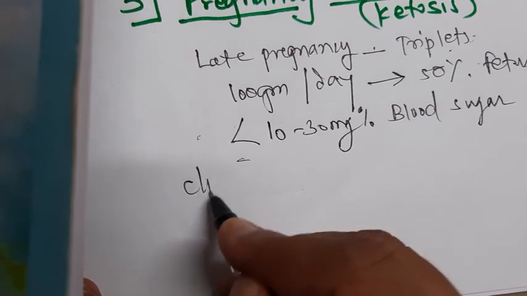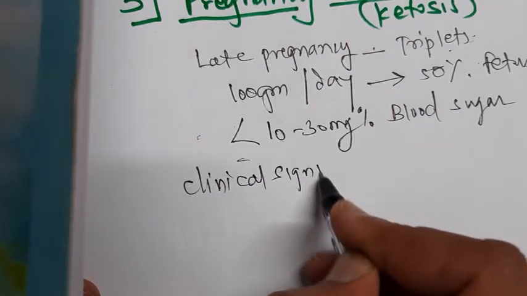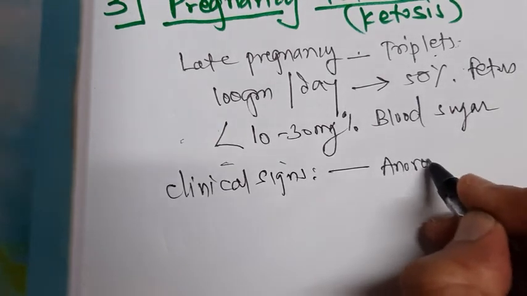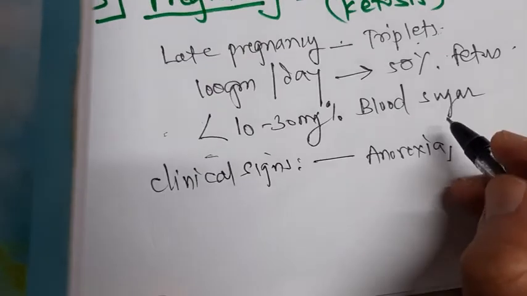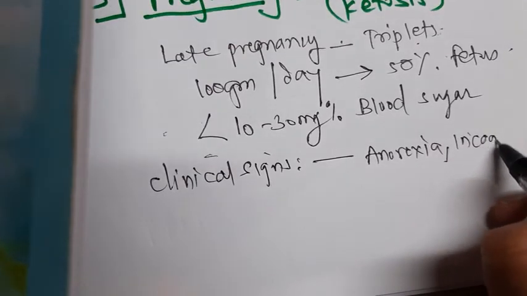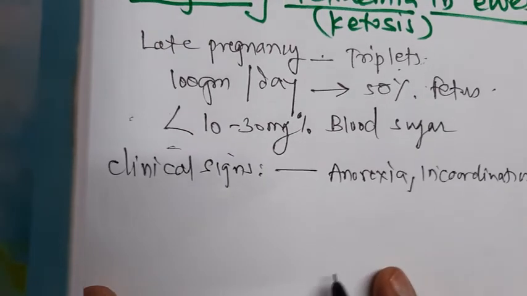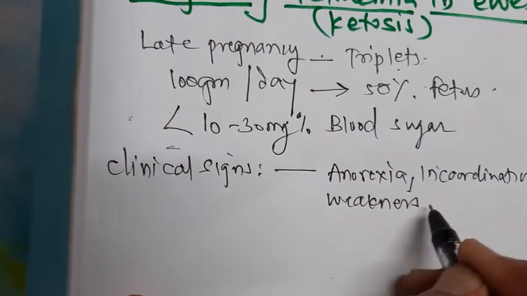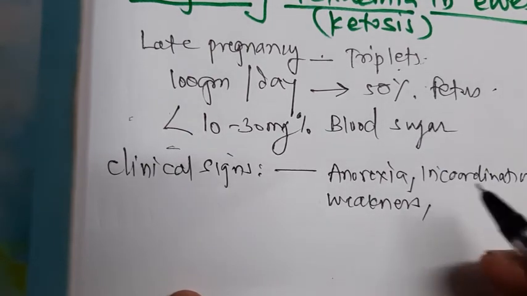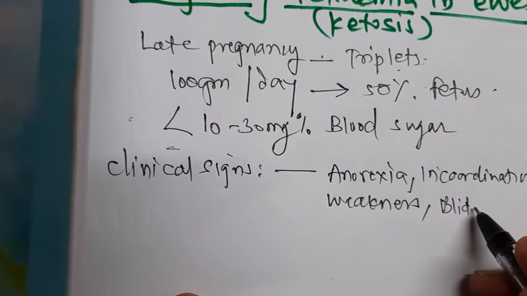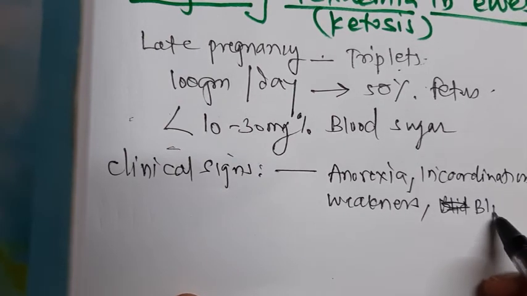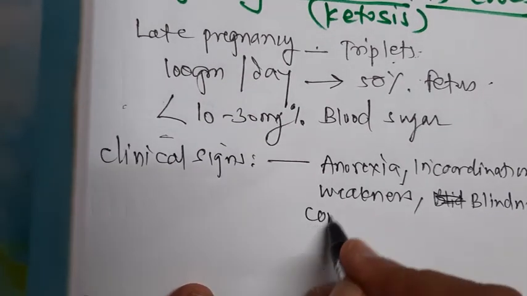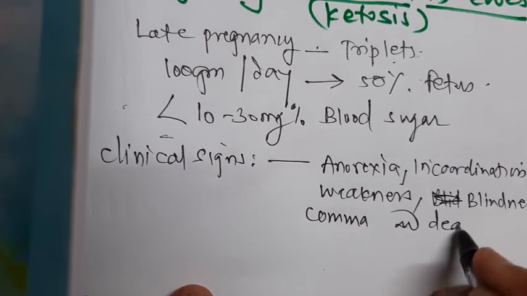The clinical signs include anorexia, incoordination, weakness, then blindness also, and coma and death.